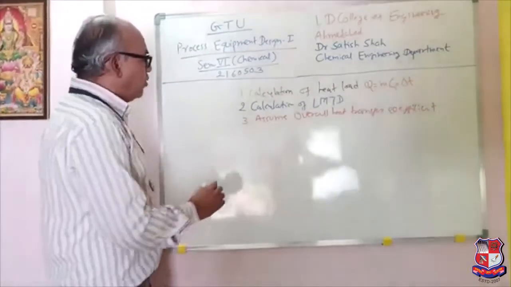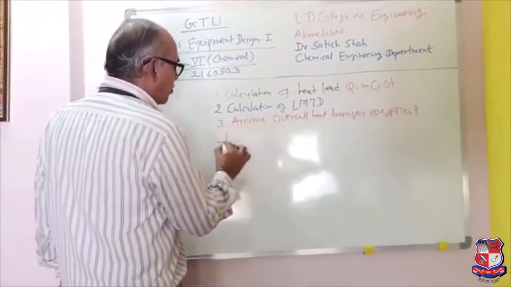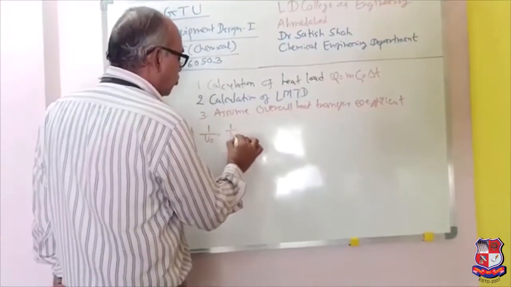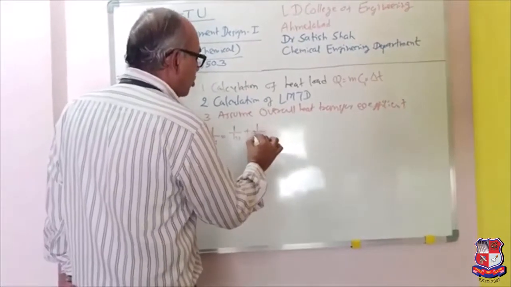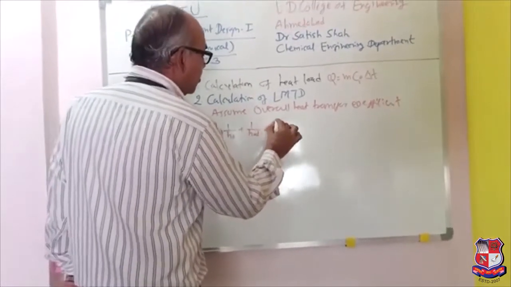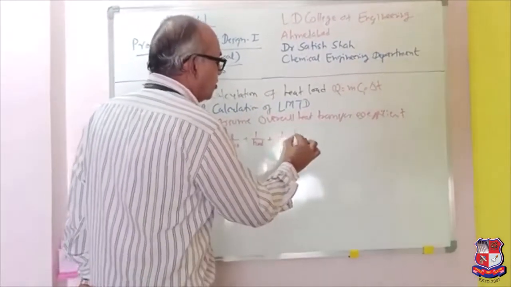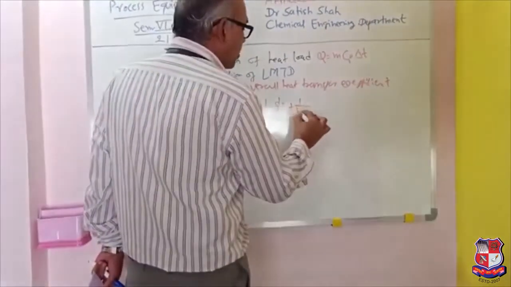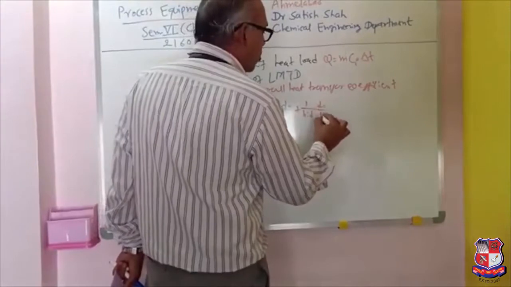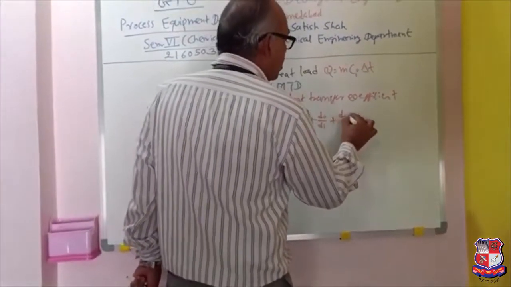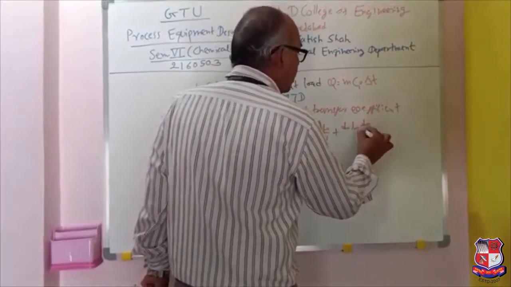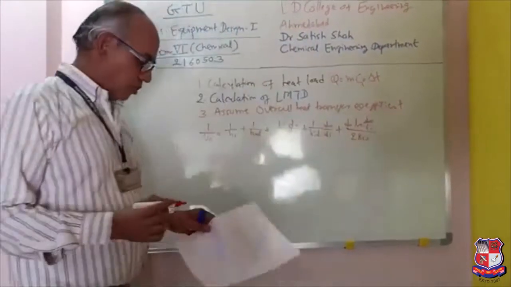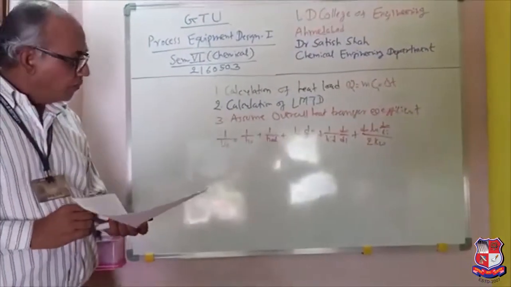So a very simple formula I will tell you, that is 1 upon Uo equals 1 upon ho plus 1 upon hod plus 1 upon hi into Do upon Di plus 1 upon hid into Do upon Di plus Do ln(Do upon Di) upon twice Kw. So what are all these terms?